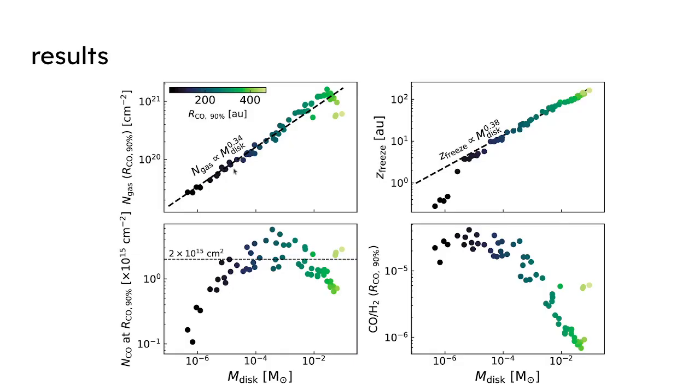weighted against mass of the disk of the model. And what they find is that for most of the models they are neatly aligned along this approximation where N gas is proportional to M disk to the power of 0.34.